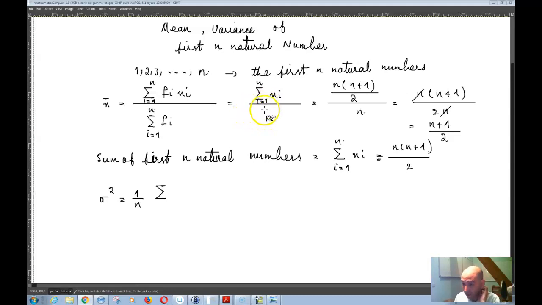Otherwise, variance is equal to 1 over n sigma of f of i times x of i minus x bar whole squared, as i goes from 1 to n, right? Since here the frequency is 1, you can simply forget about that.